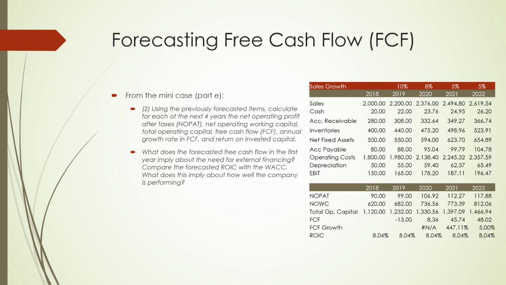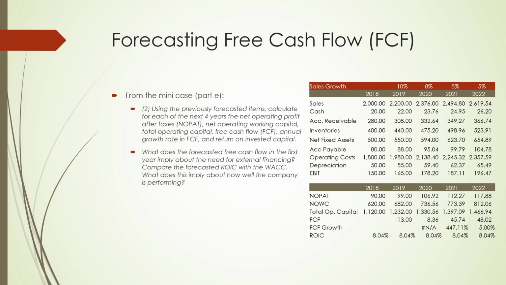And then it says compare the forecasted return on invested capital with the cost of capital. Well, the cost of capital, if you'll recall, was 9%. So that 9% is the required return for the firm. The return on invested capital is their actual return. So they're going to earn 8%, but they're required to earn 9%.